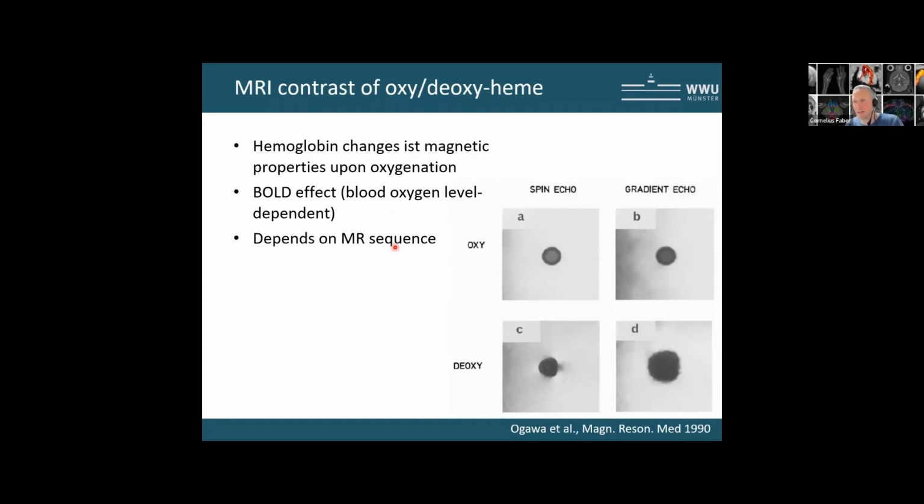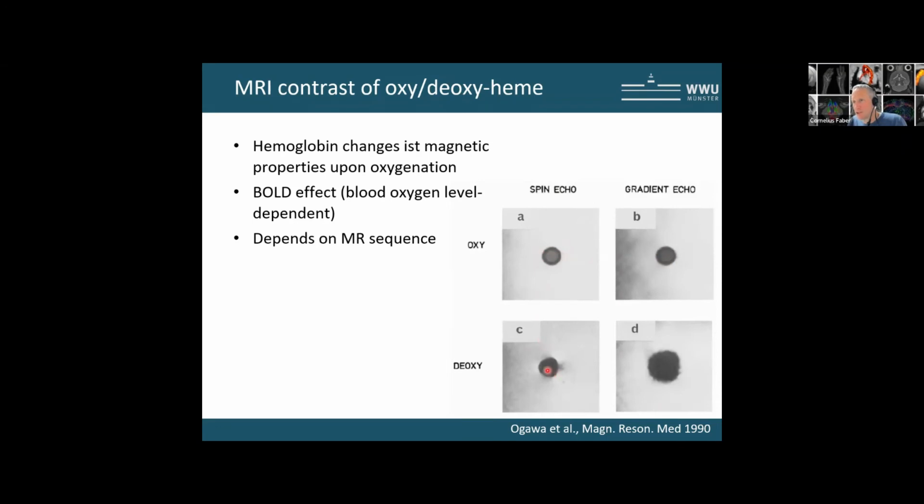So this is shown here in one of the seminal papers. Basically, this is a tube of blood, and there are spin echo images done on oxygenated blood and on deoxygenated blood, and a gradient echo. And you see in the oxygenated case, the tube is dark, but you see the tube.